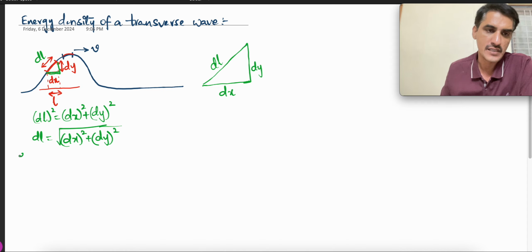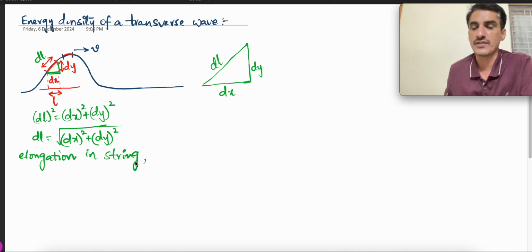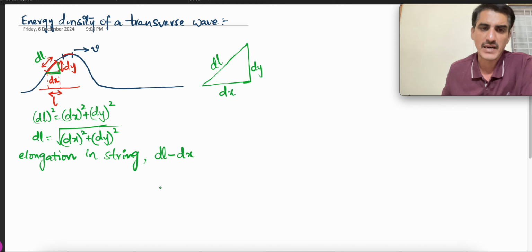So the elongation in the string due to the propagation of wave we can write as dl minus dx. Do you understand? So it is dl minus dx. Now, how to write this dl minus dx elongation? dl minus dx is equal to, what is dl here? Root of dx square plus dy square.